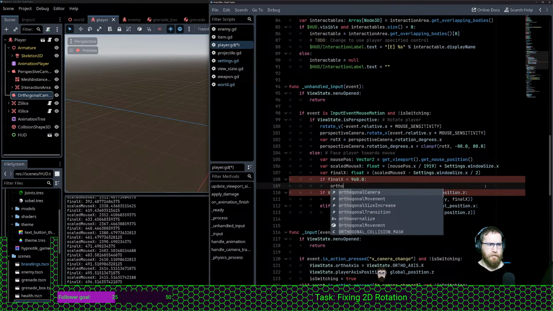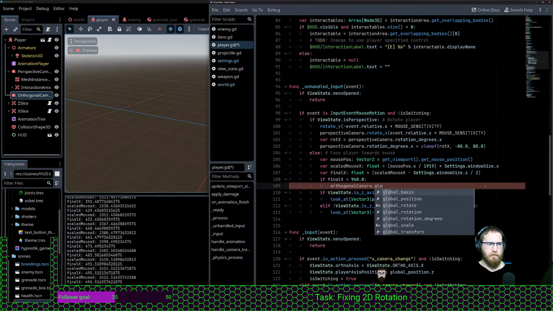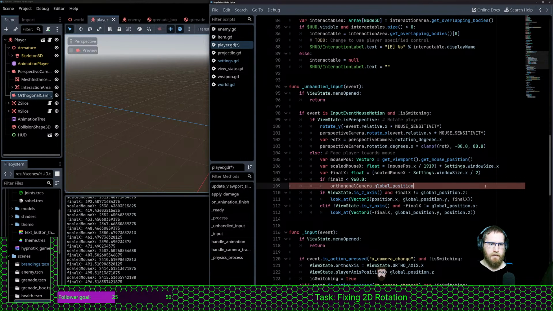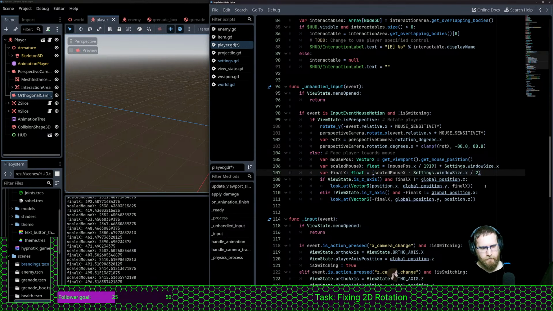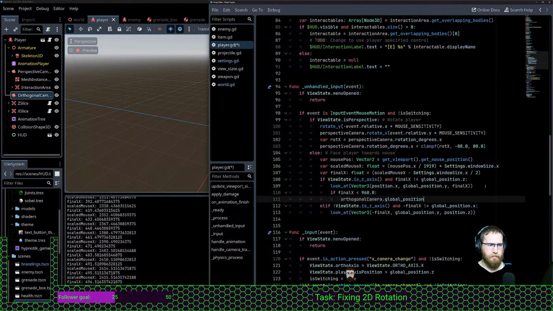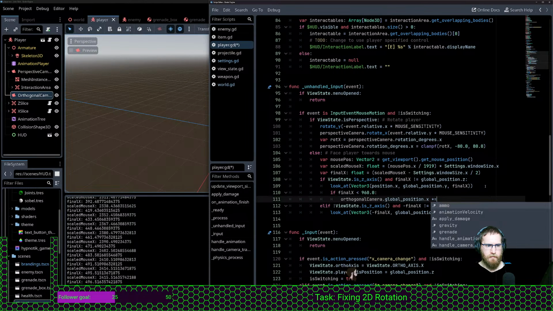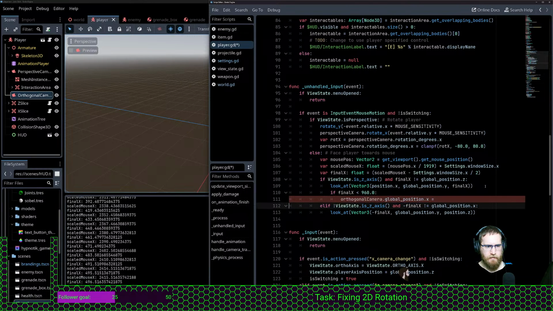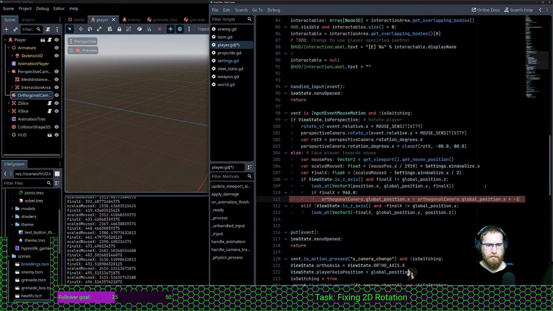Then I want the orthogonal camera's global position. This is going to be something that has to go into here. X will be this thing by -1.